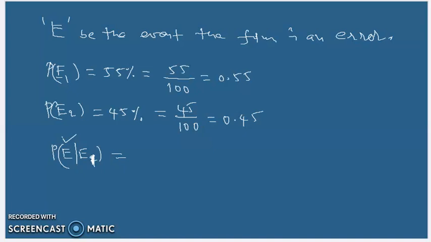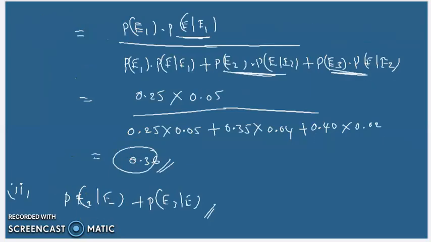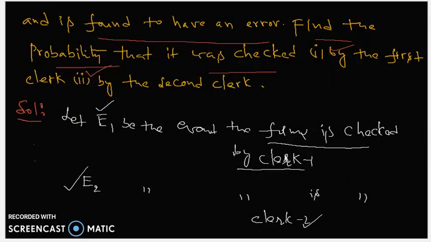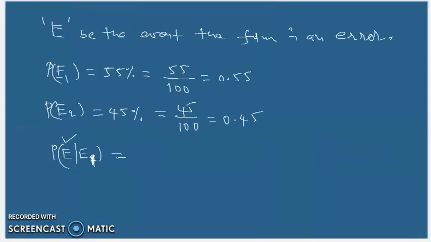For this, we have data in the given problem. Look at this. First clerk has an error rate of 0.03. That's why this is the value 0.03.